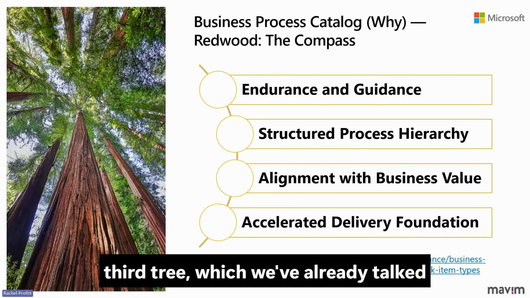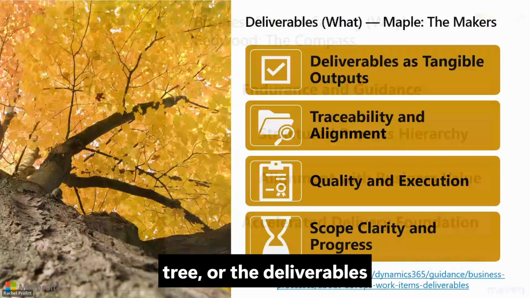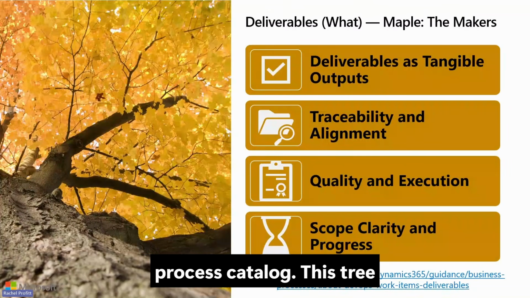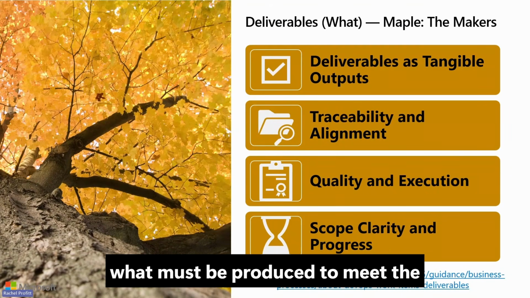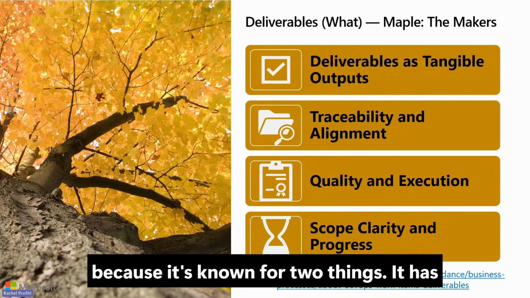The third tree, which we've already talked about a little bit, is the deliverables tree of the business process catalog. This tree represents the tangible outputs of a project. I like to think of it as the what must be produced to meet the client's needs. We chose the maple tree because it's known for two things.